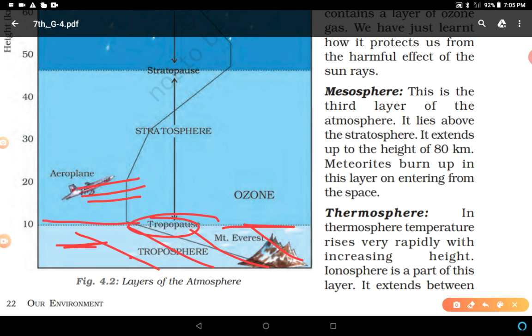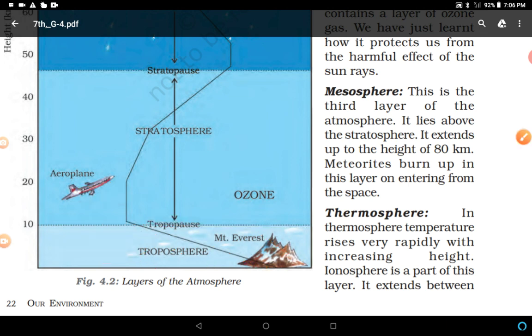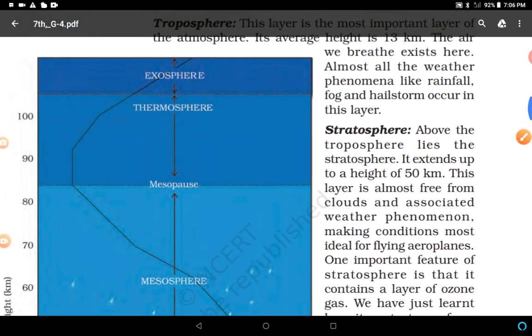It is a belt between these two layers. Clear? This layer accounts for practically the entire water vapor, all dust particles, and most of the carbon dioxide contained in the atmosphere.